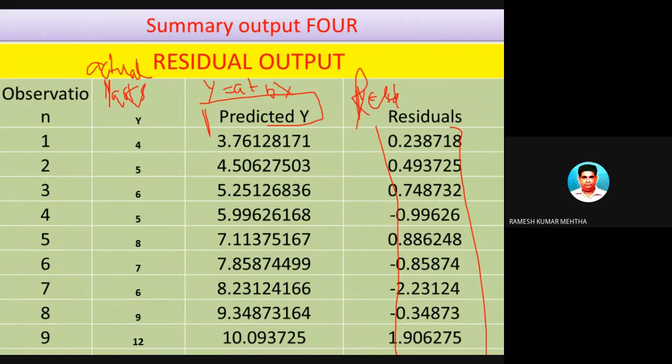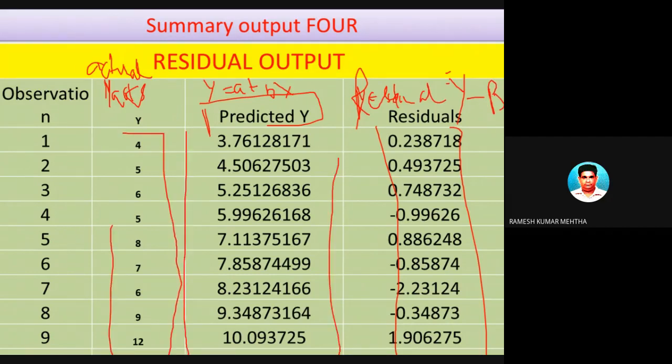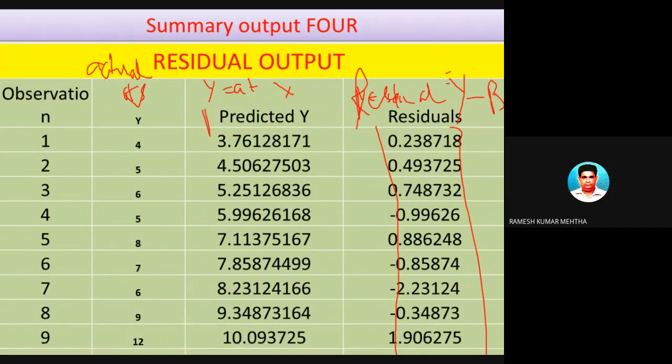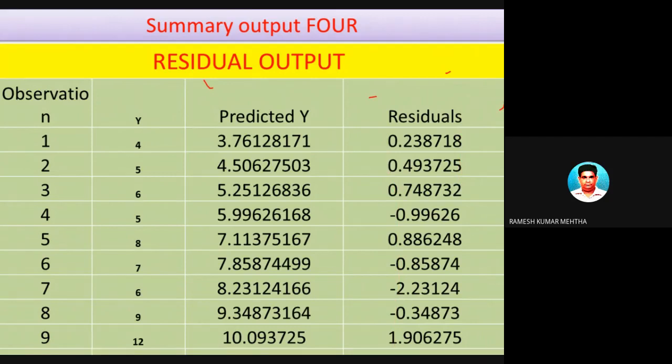Residual is equal to y minus predicted y. So this column minus this column, individual elements of y from which you deduct individual items of predicted y. That is, y minus predicted y will give you the residual, or this is also called as error, the error in the model.